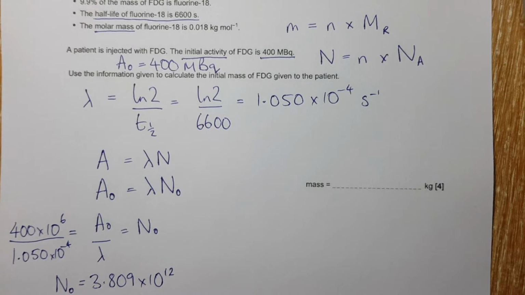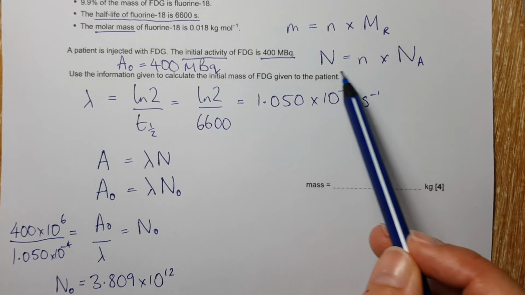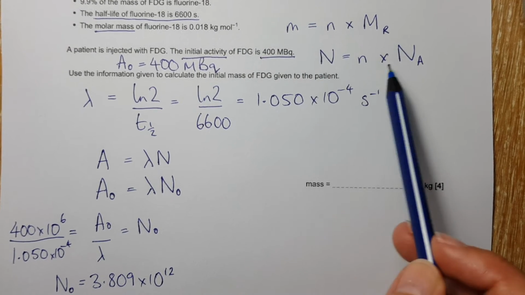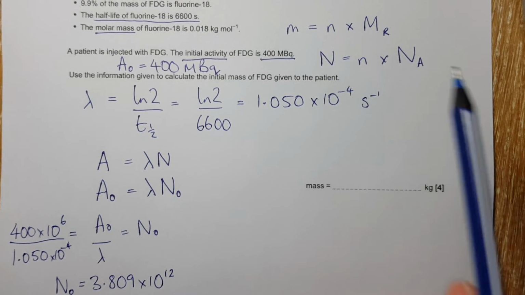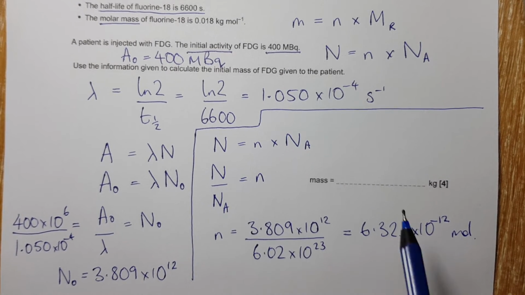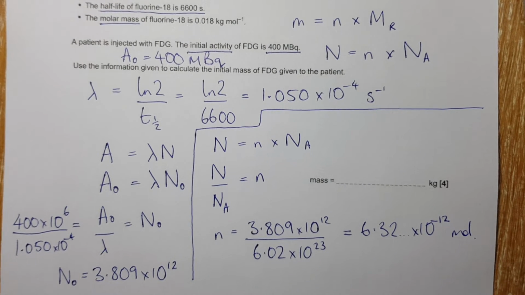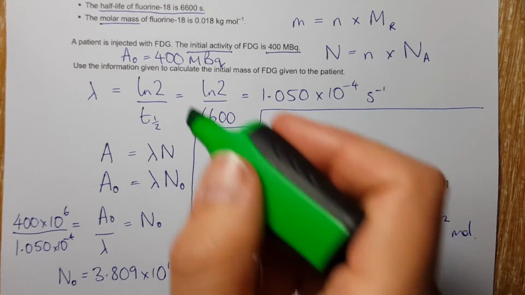Now, where it's taken us is we can see that now we're really getting somewhere, because we can now use this formula up here, because we know N at the beginning and we know Avogadro's constant. And so we can use that formula to work out how many moles of the radioactive isotope there were at the beginning. Now, I don't know if it might be helpful to sort of tick off things as we go that we've used.